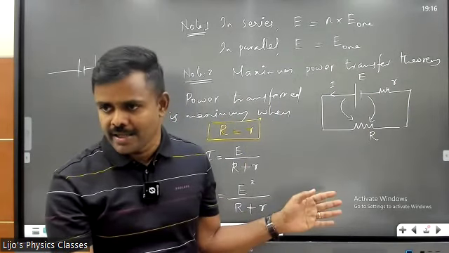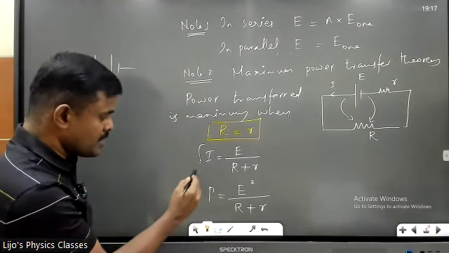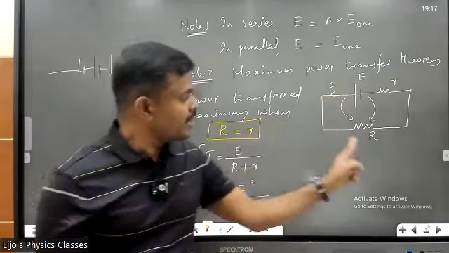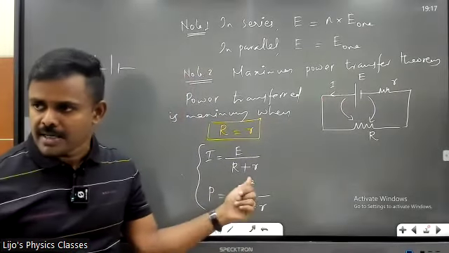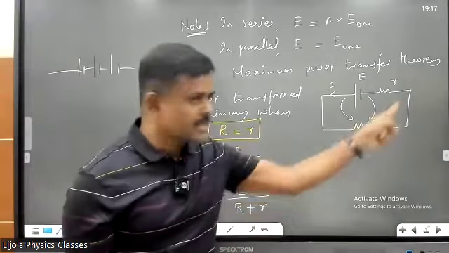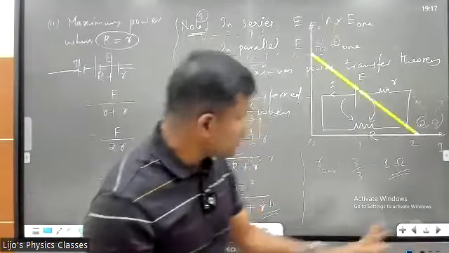External is equal to internal. R is equal to small letter r. You can find the current from this. You can find the power from this. Current is EMF by total resistance, E by R plus r. Power is E square divided by 4R. Got it?